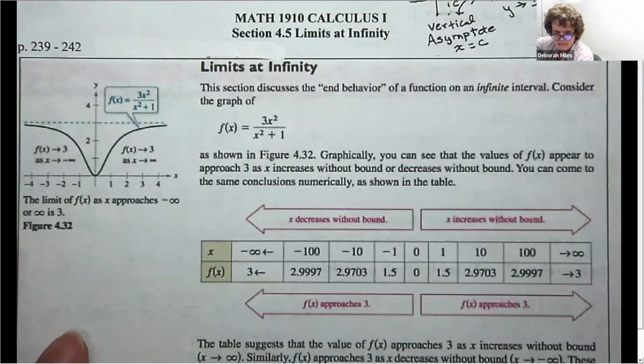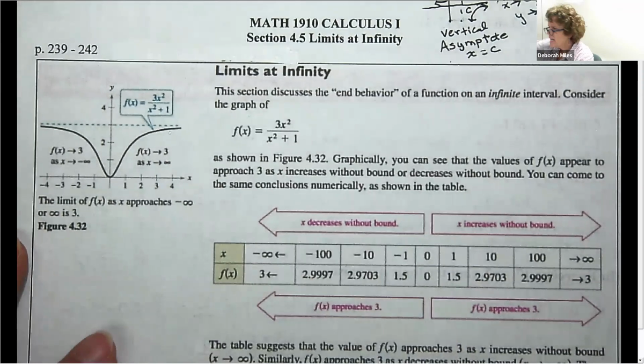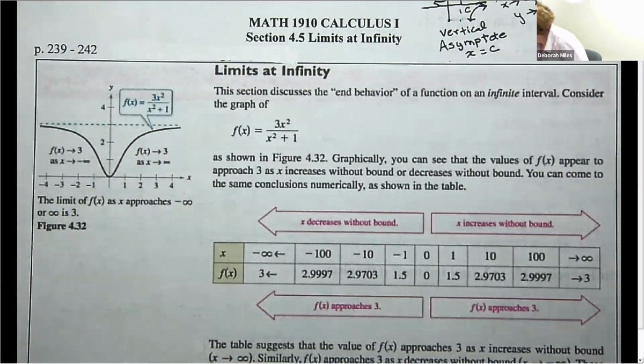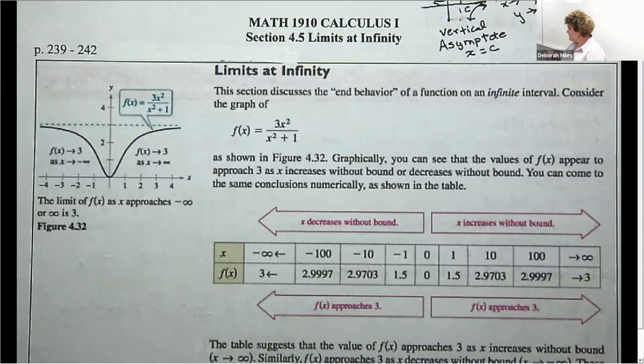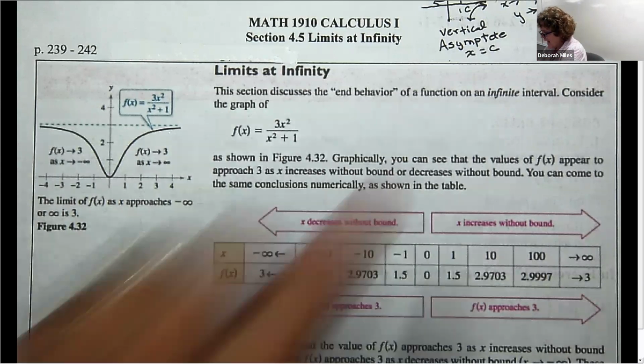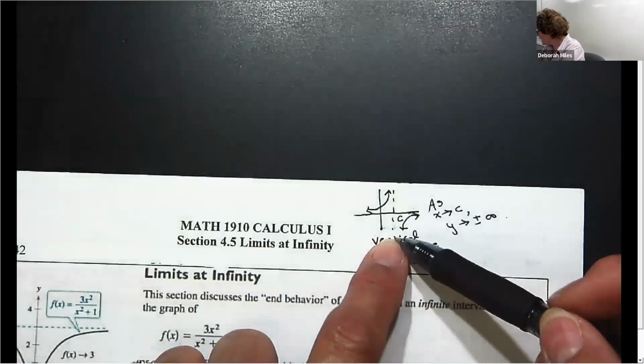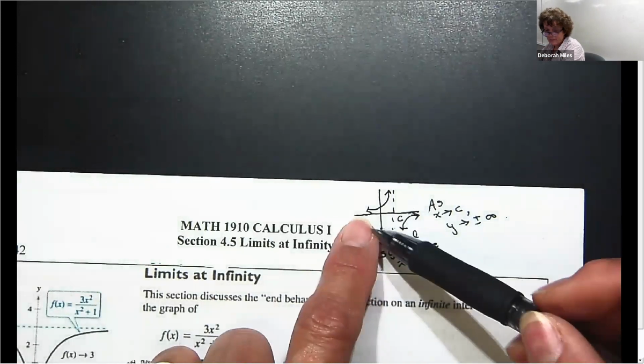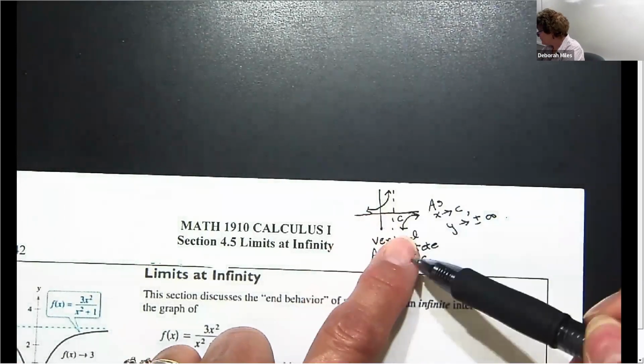Limits at infinity. In chapter 2, the last section was infinite limits. Let me make sure you understand the difference between infinite limits and limits at infinity. Infinite limits is where as x approaches some constant, your y's were either going to positive infinity or negative infinity.